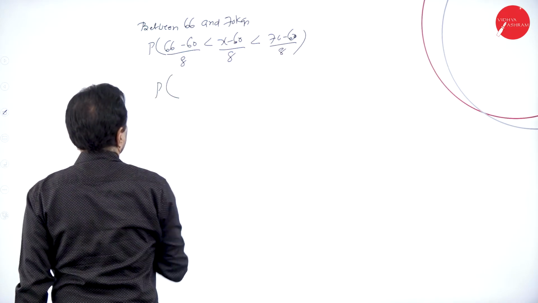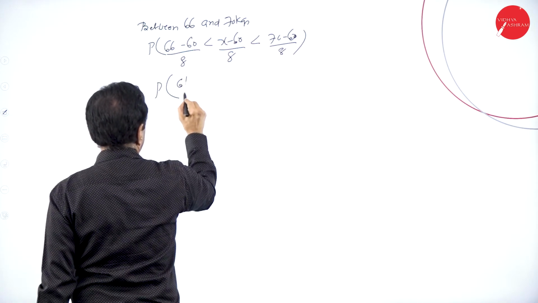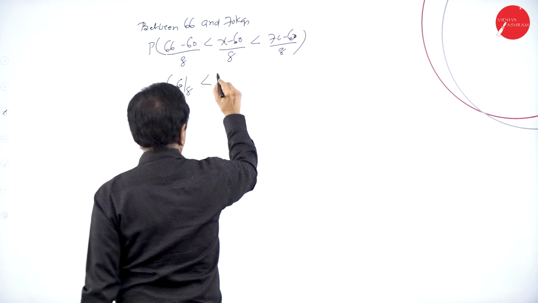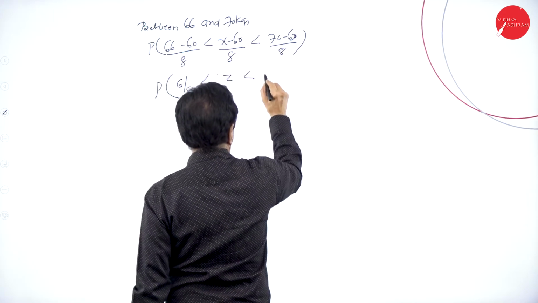P of (66 minus 60) divided by 8 less than z, less than (70 minus 60) divided by 8. That is 6 divided by 8 less than z less than 10 divided by 8.